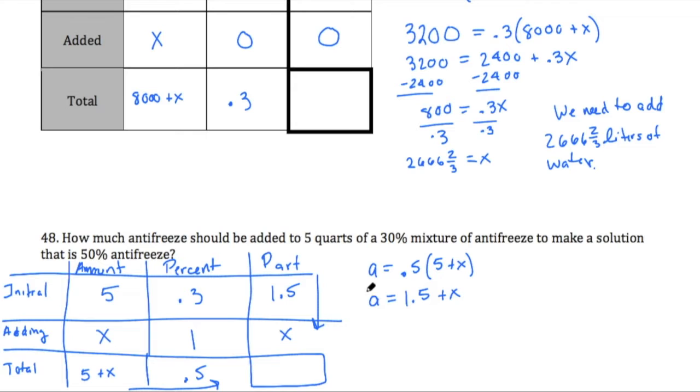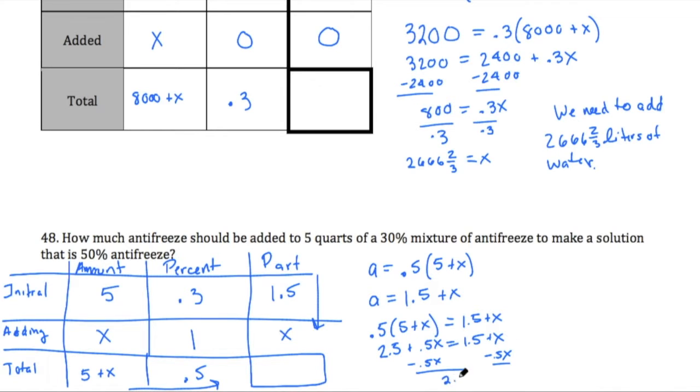So antifreeze, acid, whatever that is, here we've got two different ways for figuring out how much there is. So we can set them equal to each other. 0.5 times 5 plus x is equal to 1.5 plus x. So we have an equation with one variable in it now, so now we can solve. 0.5 times 5 is 2.5 plus 0.5x equals 1.5 plus x. I'm going to subtract 0.5x from both sides.